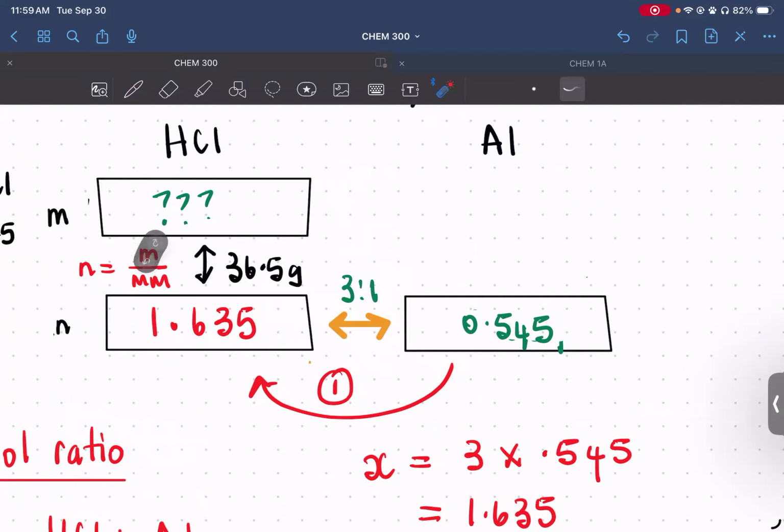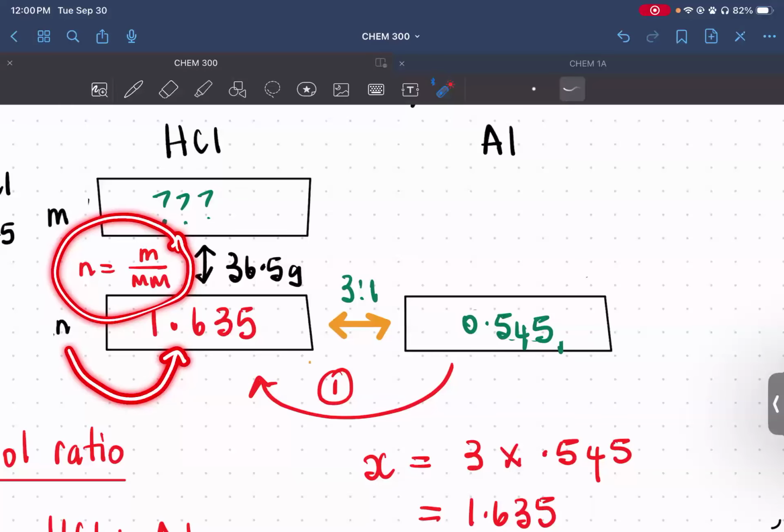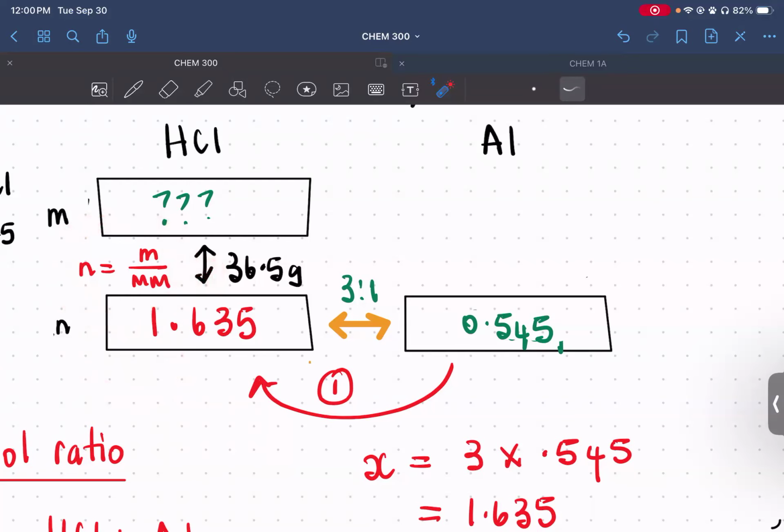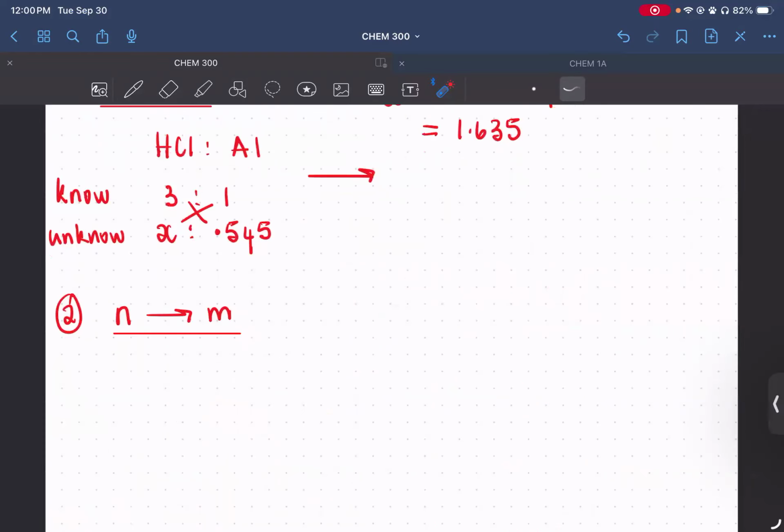It tells us to go from moles to mass. We will be using the formula shown here. We already know N, and we previously calculated the molar mass. This is the beauty of the roadmap. Once you fill it in correctly, everything from there just falls into place. That's how we know that N is equal to M over MM.